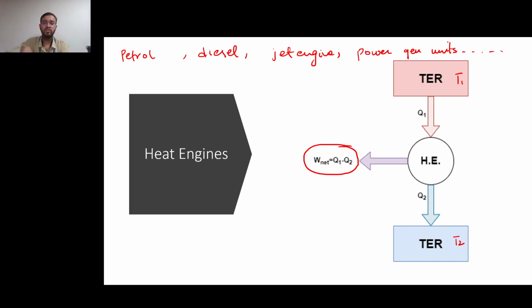For example, in a petrol engine, we use the Otto cycle. In the diesel engine, we use the diesel cycle. In a jet engine, we use the Brayton cycle.